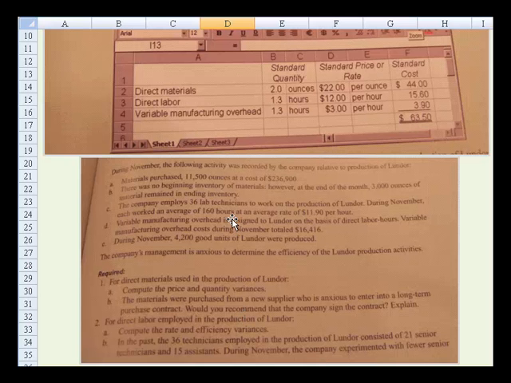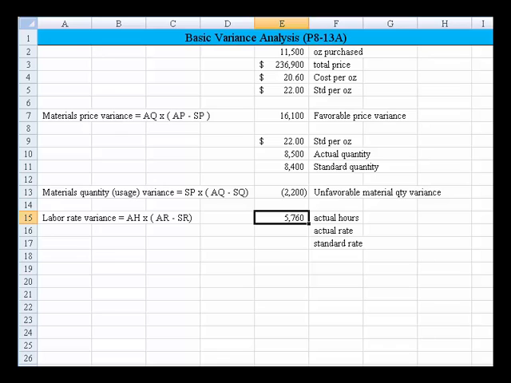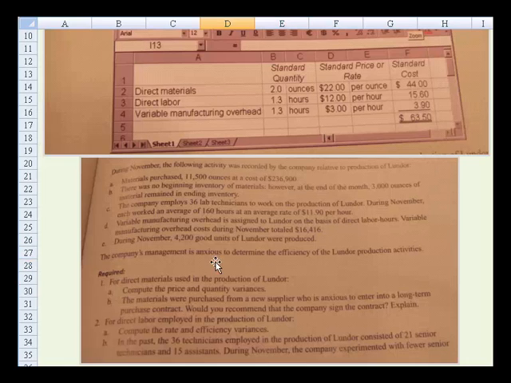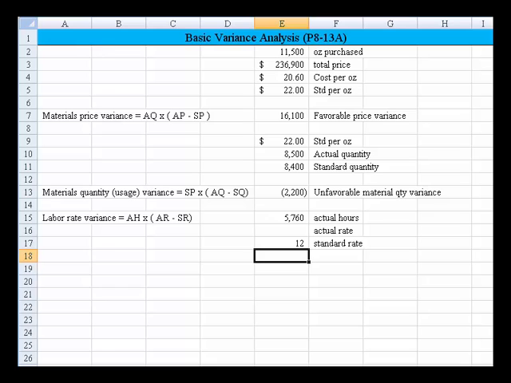Yeah, 36 times 160. It's 5,760 actual hours. And the standard rate is $12 per hour. And they earned an average rate of $11.90. So now let's format those.